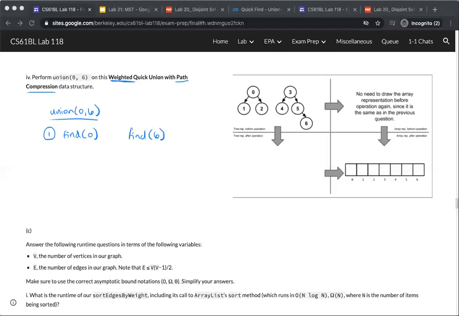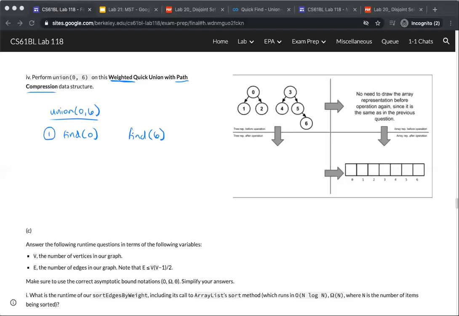It needs to get these values to see if it can actually union them, because if they're in the same set, if their find returns the same value, then there's no reason for us to union. Doesn't make sense. Okay, so find of 0 doesn't have any parent pointers, so really it's not going to contribute much to our runtimes.